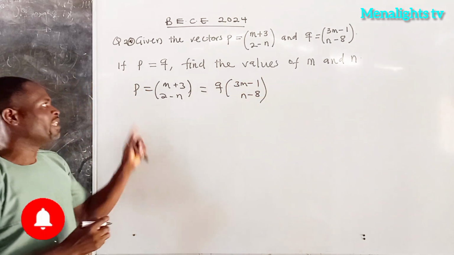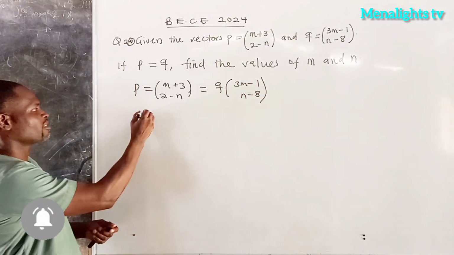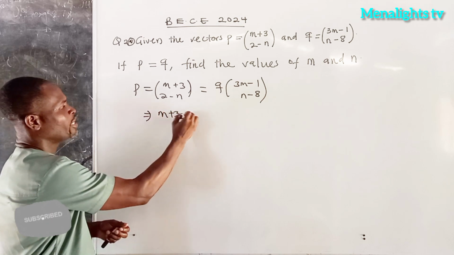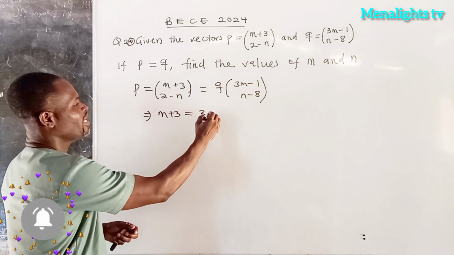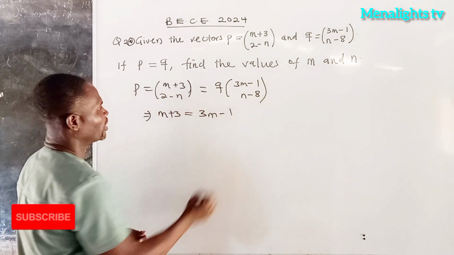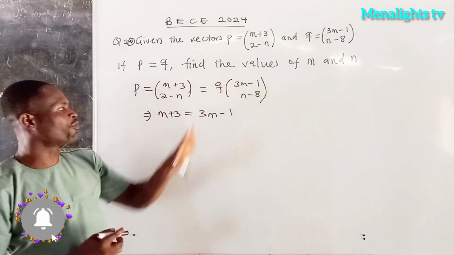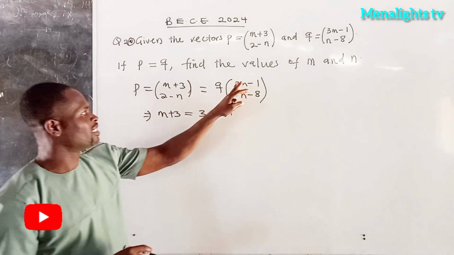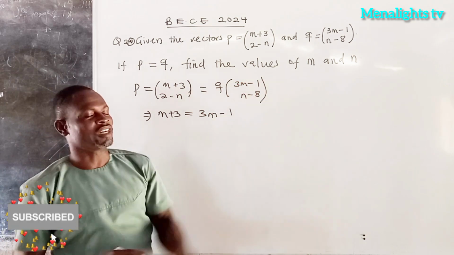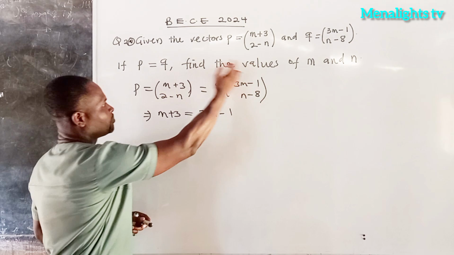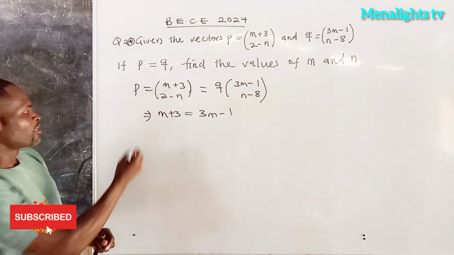So if the two are the same, it means that m + 3 should be equal to 3m - 1, because m + 3 is the coordinate for the x-axis, then 3m - 1 is the coordinate for the x-axis as well. So we take those at the top and then simplify.